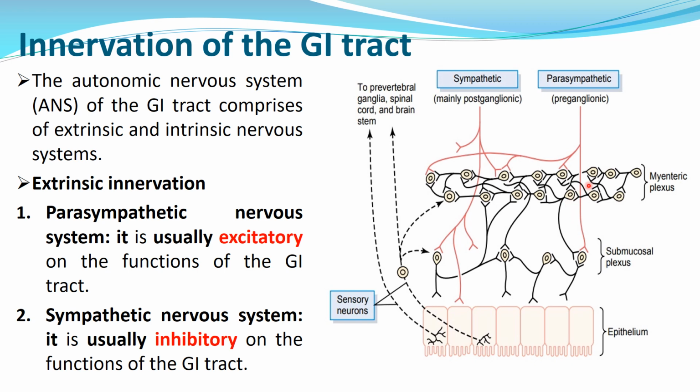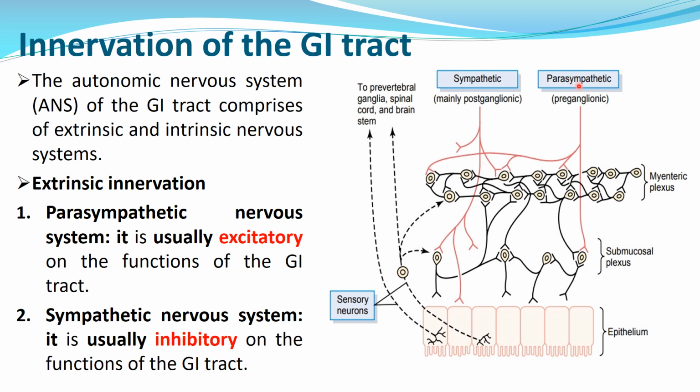So normally the GIT is supplied by the autonomic nervous system, and it is made of what? Of two types of neurons. The first one is called the extrinsic nervous system. Why is it called extrinsic?